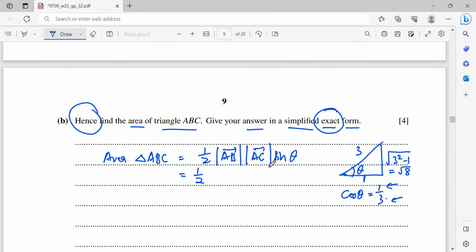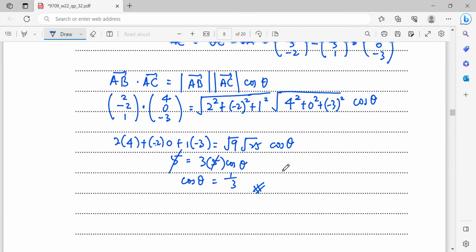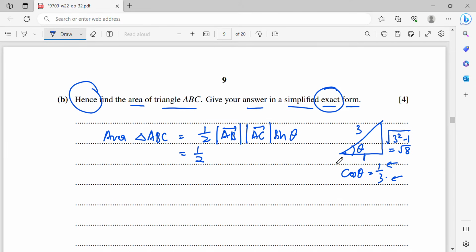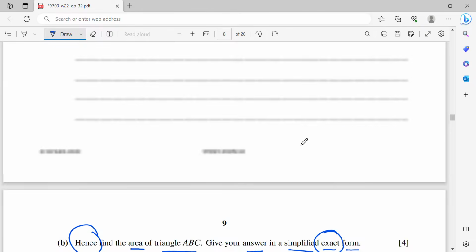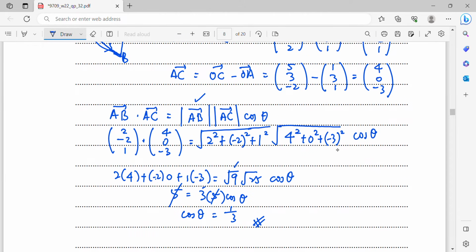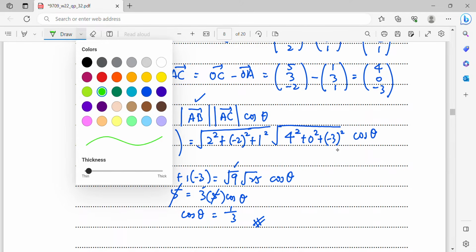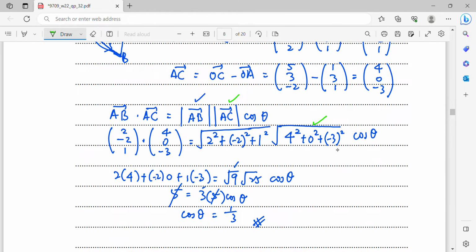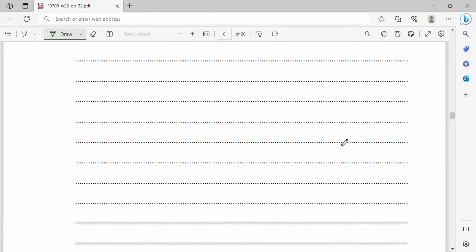Modulus AB is the length of AB, which is square root 9, which is our 3 from the previous calculation. So here is 3. Modulus of AC from the previous calculation is square root 25, which is also 5.